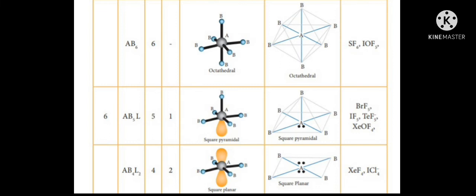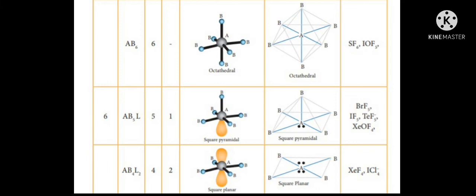Again, let me discuss number of electron pairs equal to 6. Here the molecule with the formula AB5L. It contains 5 bond pair electrons and 1 lone pair electron.